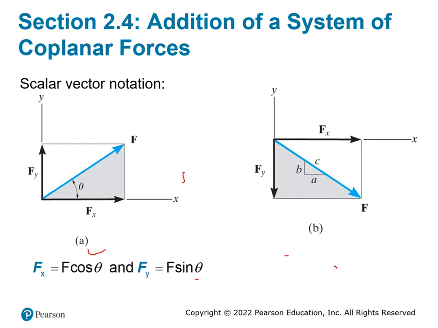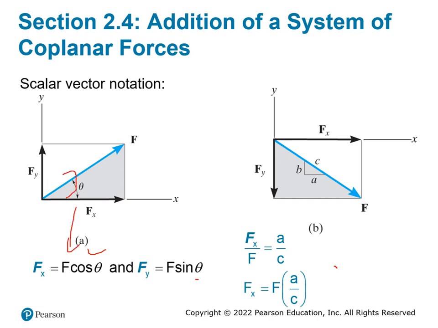Now let's look into how we represent it in Cartesian vector notation. Another method for showing the coplanar forces in scalar notation: once you are given the angle, you can use this method.